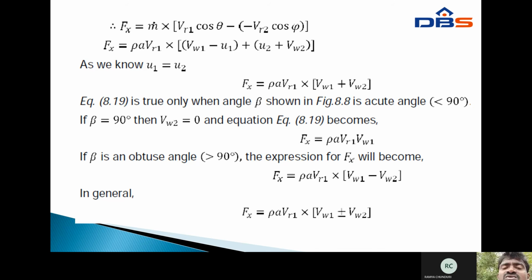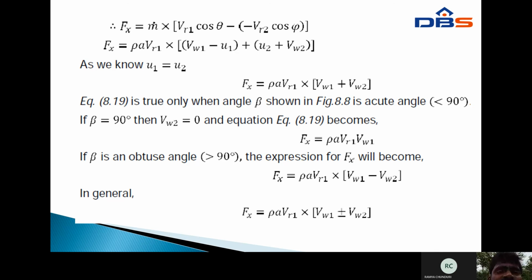This means when beta equals 90 degrees, Vw2 equals 0. When beta is above 90, Vw2 equals minus Vw2. Substituting these values in the equation, F of x equals rho a Vr1 into Vw1 plus or minus Vw2.